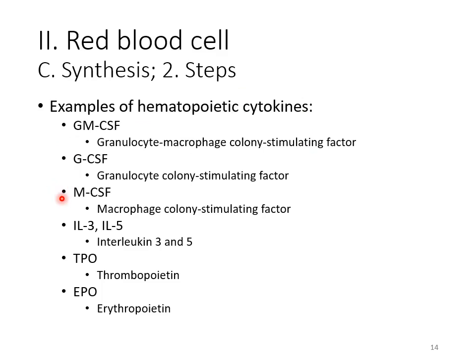The presence of these signaling molecules will influence the differentiation of your pluripotent stem cell. Some common examples are GM-CSF, granulocyte macrophage colony stimulating factor, G-CSF, granulocyte colony stimulating factor, M-CSF, interleukin 3 and 5, TPO, thrombopoietin, and EPO, erythropoietin.